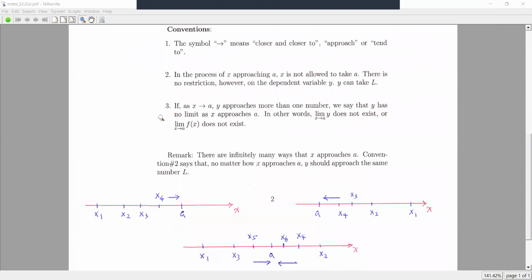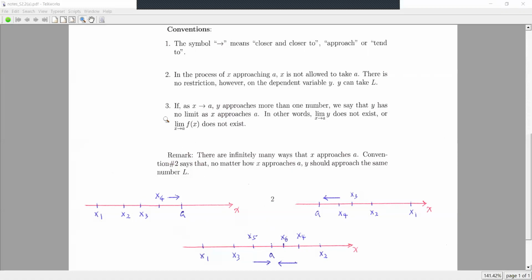This convention requires the limit of y is 1 and only 1. When y, the dependent variable, has more than one limit, we say that y has no limit. Limits should be 1 and only 1.